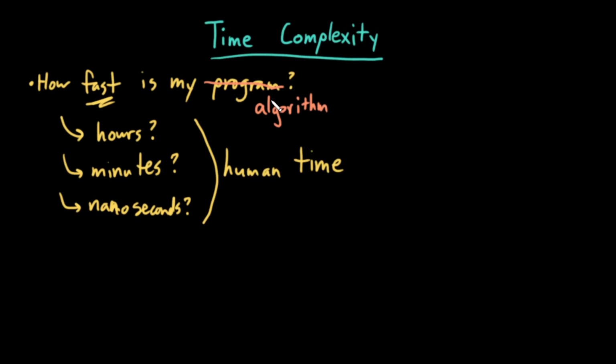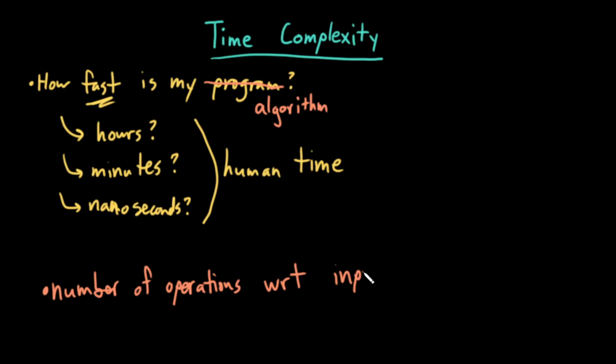And instead of describing algorithm performance in terms of human time, we want to describe algorithm performance instead in terms of number of operations. So given some input size, so number of operations with respect to the input size.